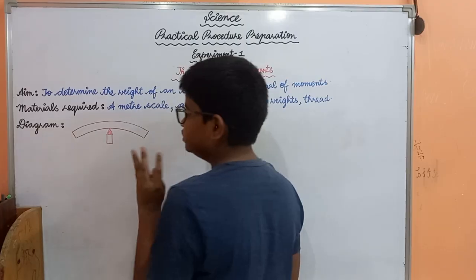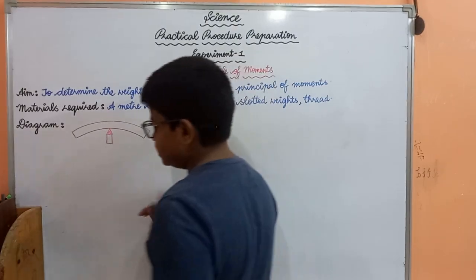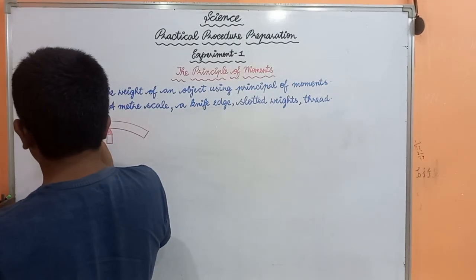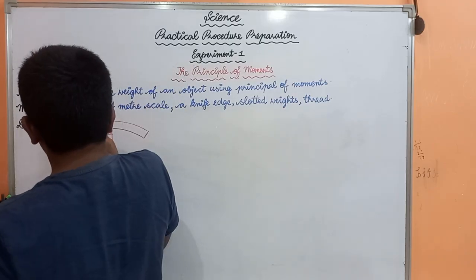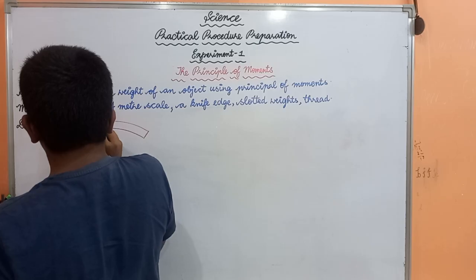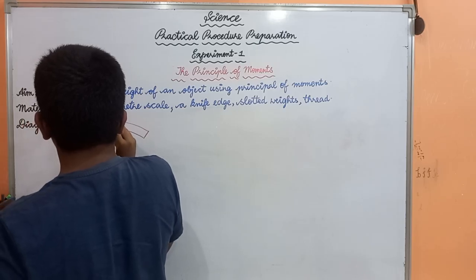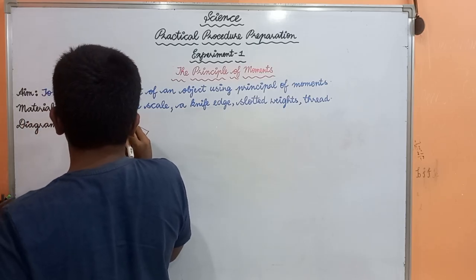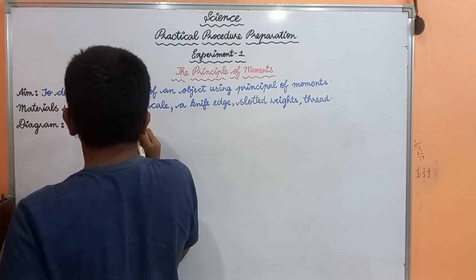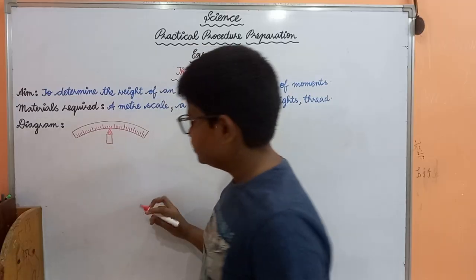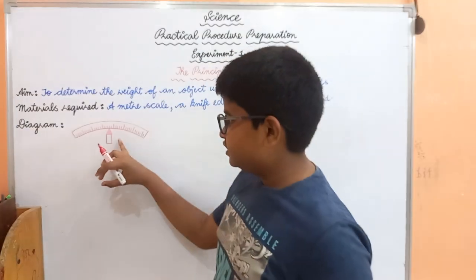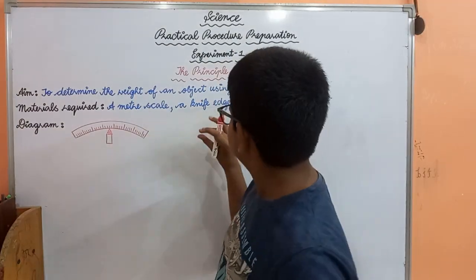That is how it somehow looks. So first we have to draw the scale, I mean scale as in the measurements. Then in the diagram you can see this is the knife edge and meter scale, both combined.